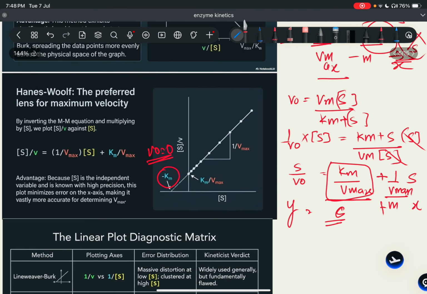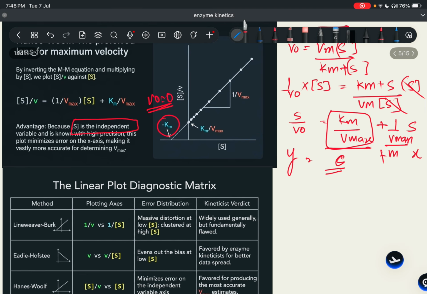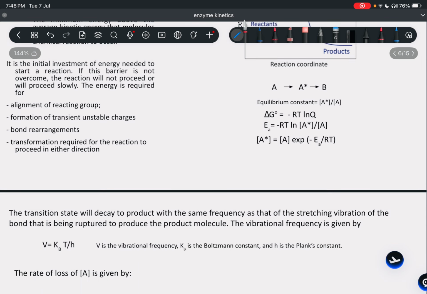Now this is preferred for maximum velocity, because this S is independent, it's not depending upon something. So it's very good in terms of determining.